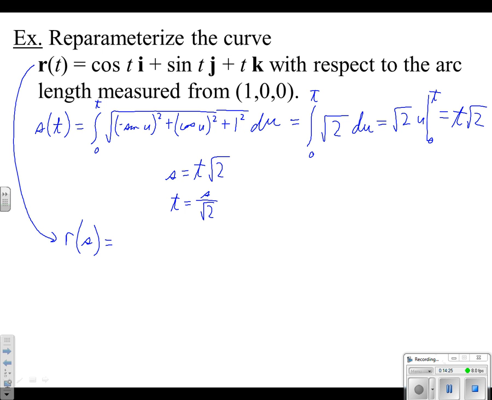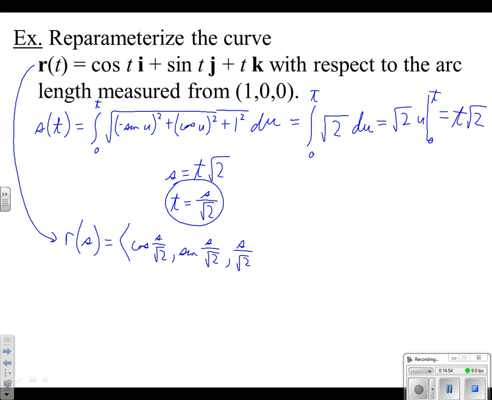We did all that work to find the relationship between s and t, and now we're going to substitute. Instead of cosine t, I'm going to write cosine of s over radical 2. Sine t becomes the sine of s over radical 2, and then t becomes s over radical 2.